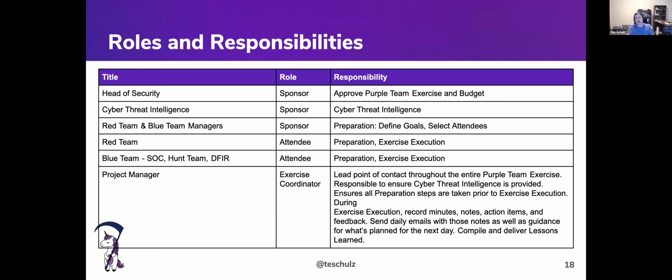Now, one role that you should carve out and have a separate person for is the exercise coordinator. This is the final one. They have the biggest block of responsibility because they are essentially responsible for recording everything that happens. It's good if this person has a little bit of understanding of the techniques that are going to be used, but it's not a requirement. Make sure it's somebody that can keep cadence, and that's why we have the name here as project manager.